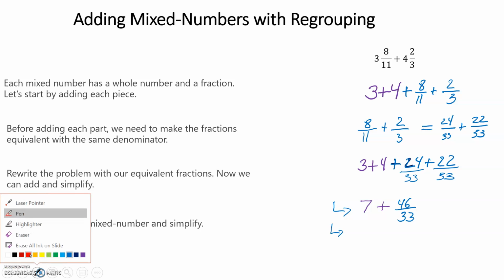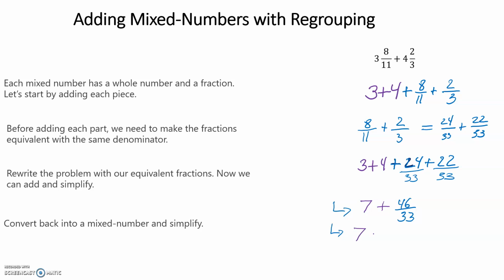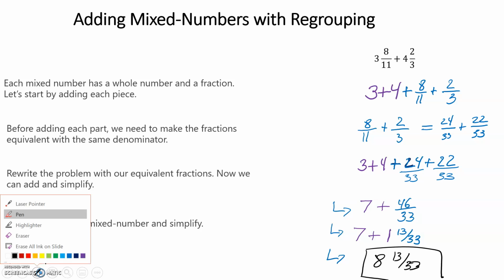My new expression is going to be 7 plus 1, and then I would have 46 minus 33, 13 33rds. So now I finish it up, and my answer would be 8 and 13/33. Oh, that's a really ugly 33.